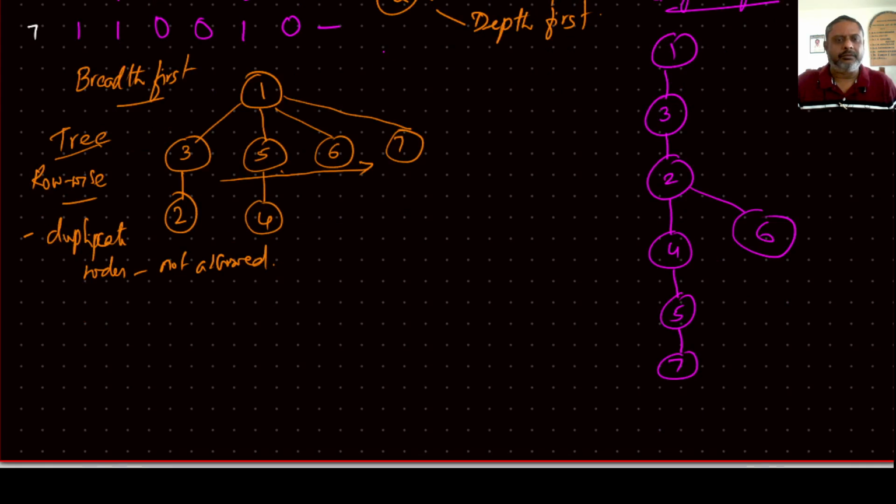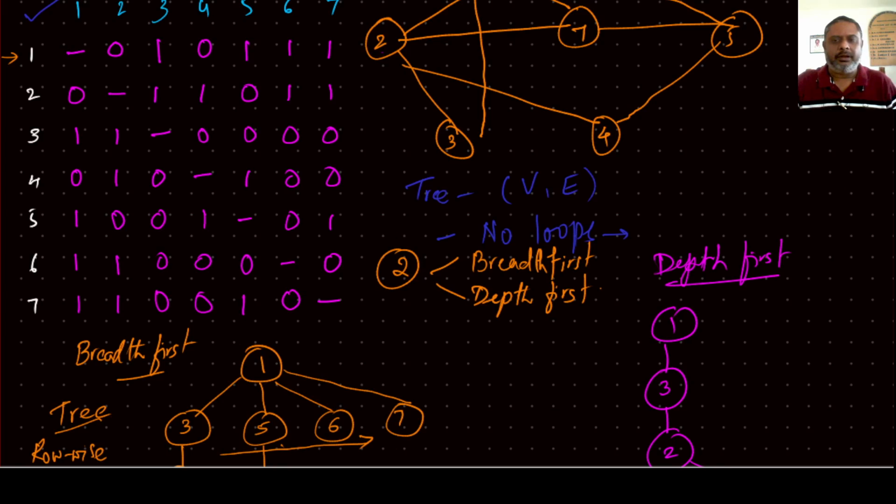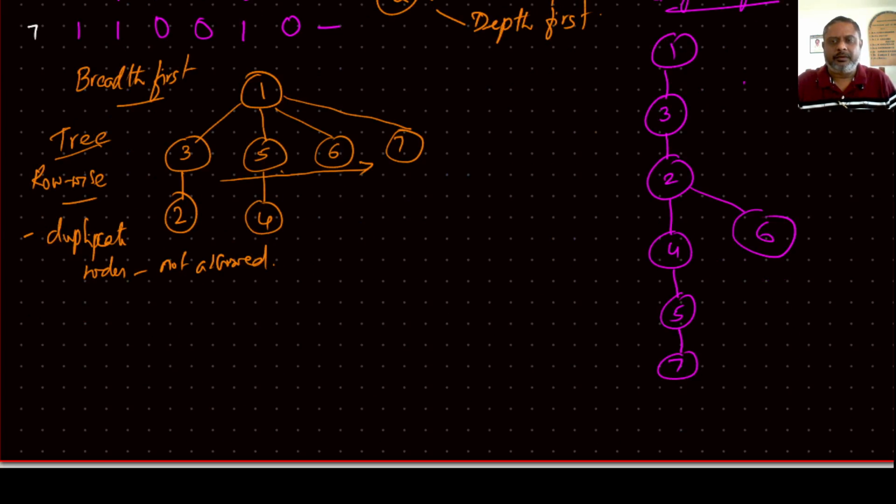So that makes the depth first one. Here we take the first element, or first valid element, in each row to continue.